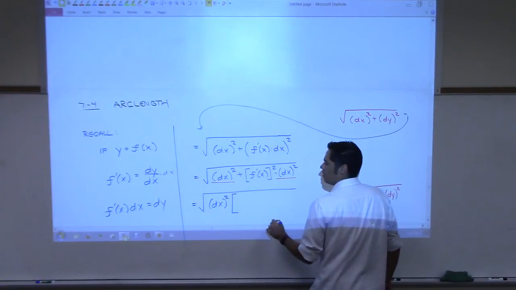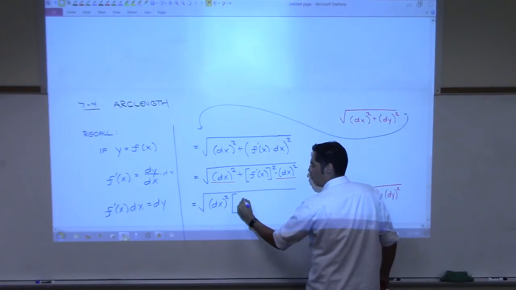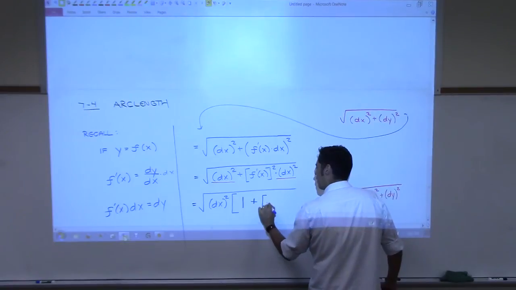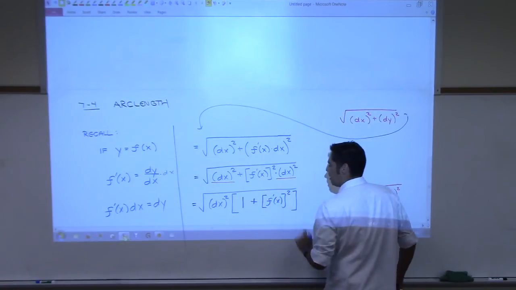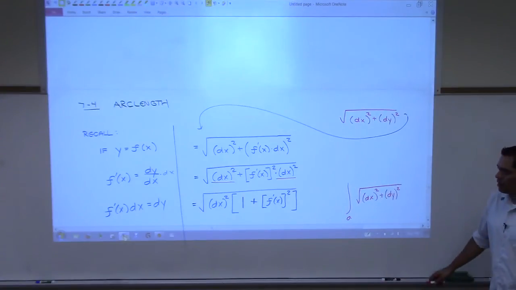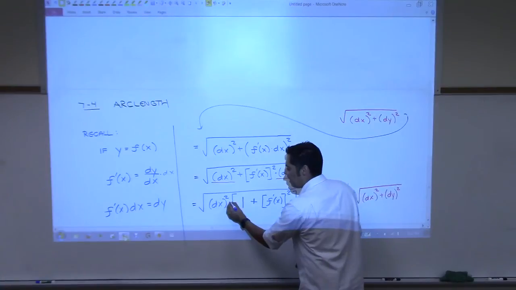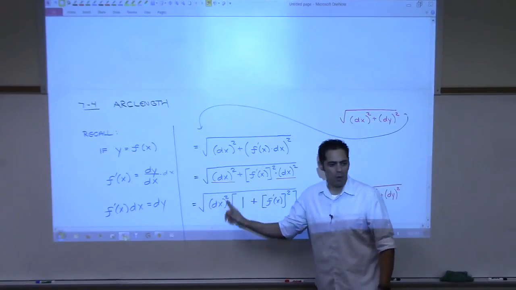Then you'll have what? You've got to be able to get that back. So 1, right? Plus, and then this thing, f prime of x, that quantity squared. That is what happens when you factor a dx squared out. Yeah? And because that's multiplication, you can split this into two roots. And what would the square root of dx squared be?